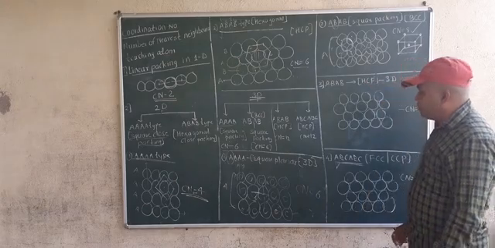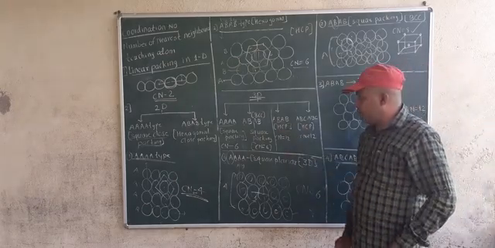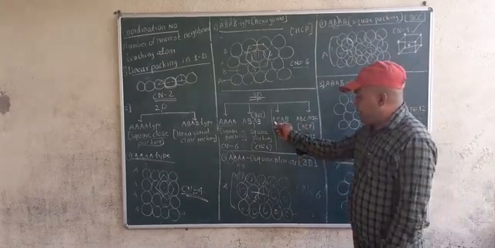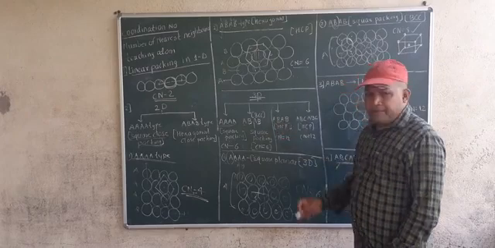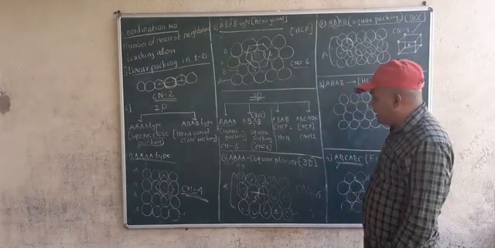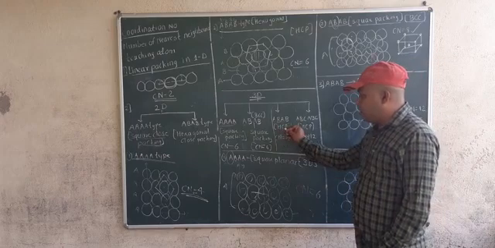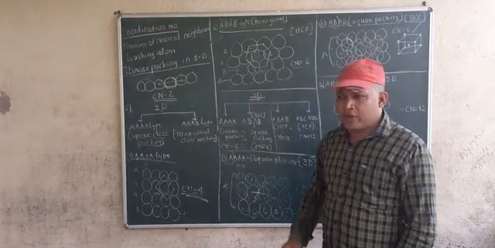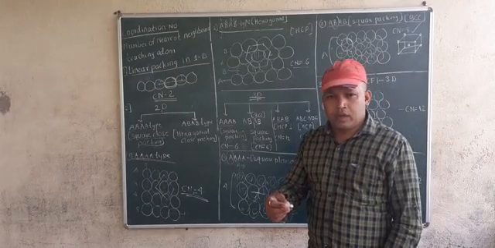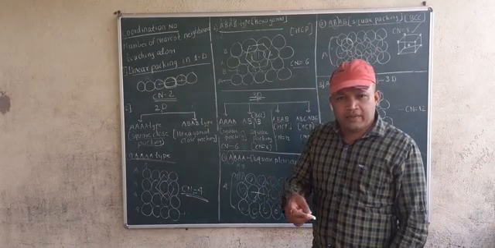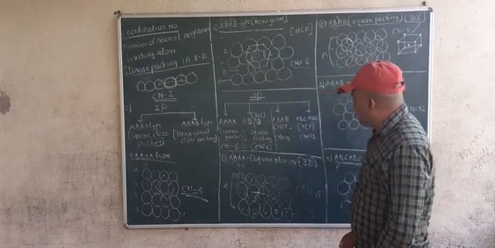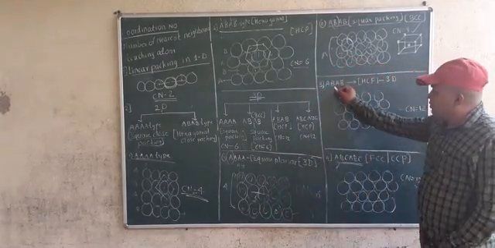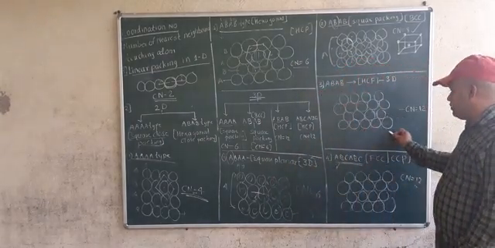Now the third one in 3D is AB type, and it is hexagonal close packing. Already in 2 dimensions you have seen what hexagonal is. Hexagonal means the first layer, and the second layer is not exactly on the first layer, it is in the gap. So now you see this is the first layer.